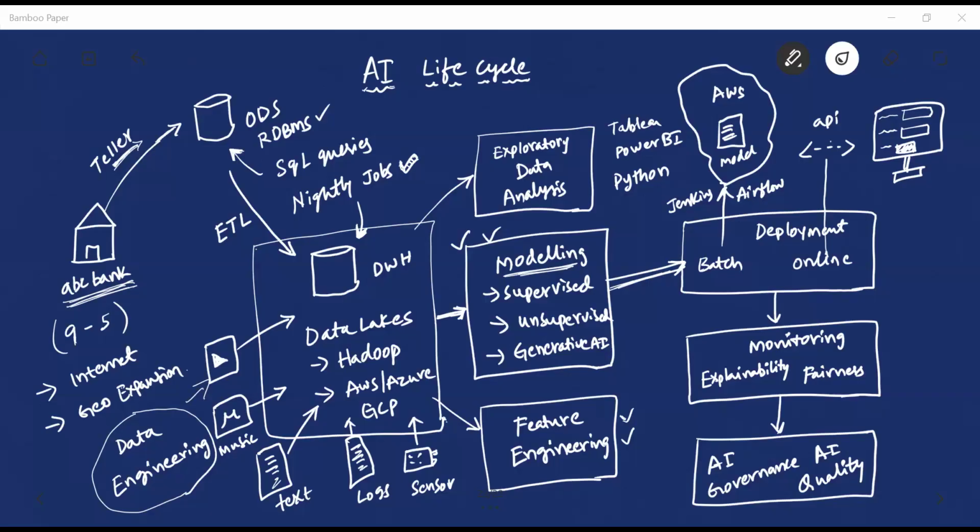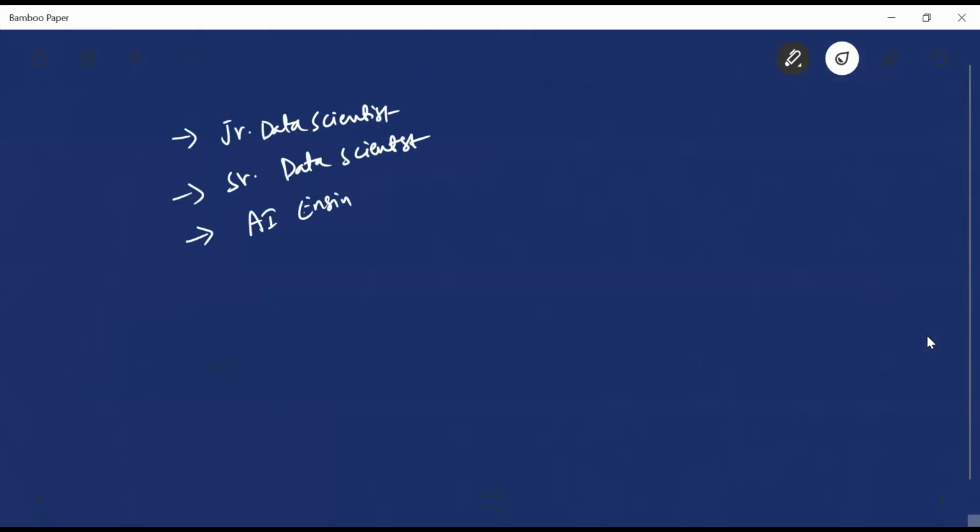So the job roles which come under it are junior data scientist, senior data scientist, AI engineer, and Gen AI engineer.